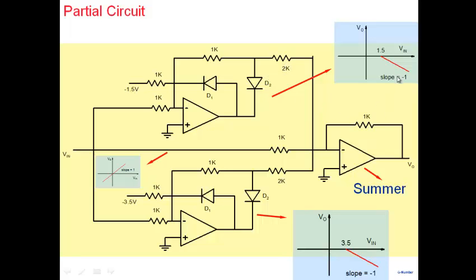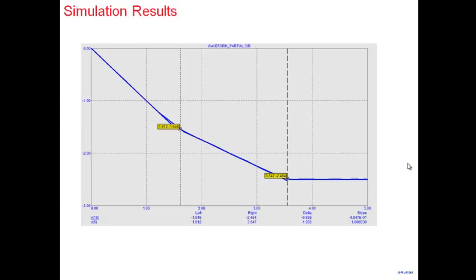The gain of half multiplied by minus 1 will give us minus 0.5. Similarly, we've used 2K here and 1K here, so that also gives us a gain of minus half, which is 0.5. This is what we wanted. And 1K and 1K is simply like a gain of 1 here. So we add them up, and we should get the characteristic that we want.